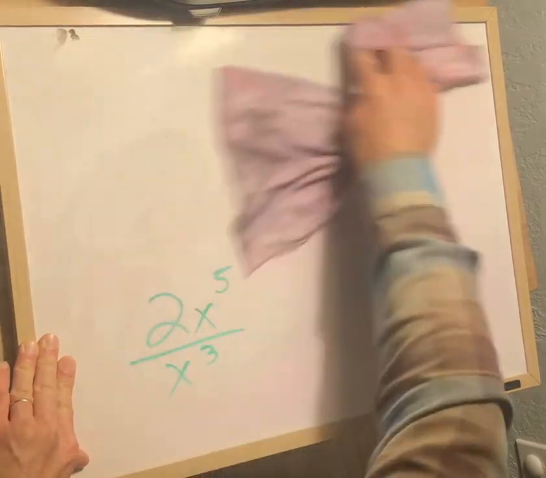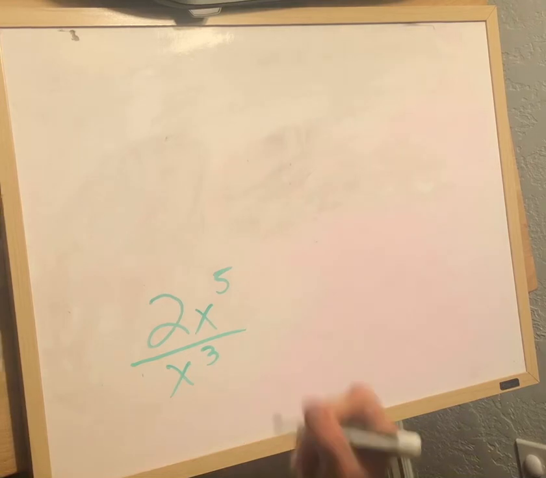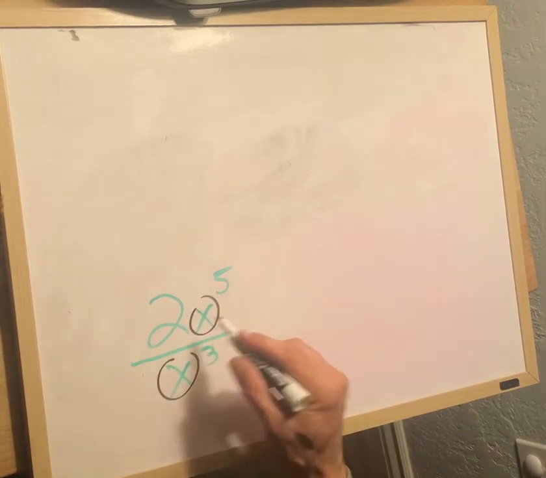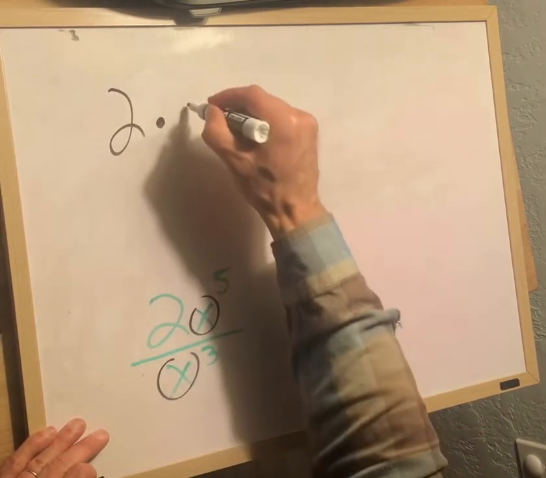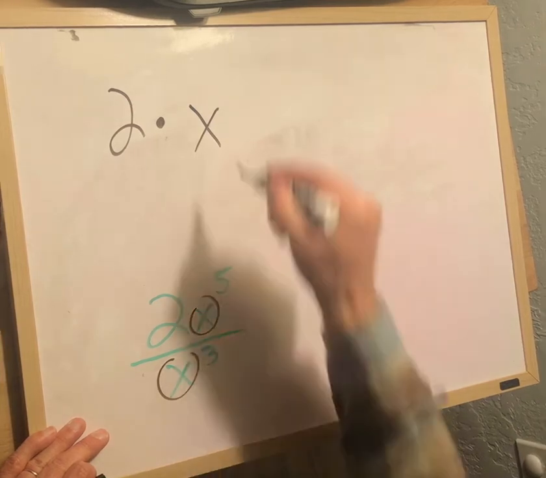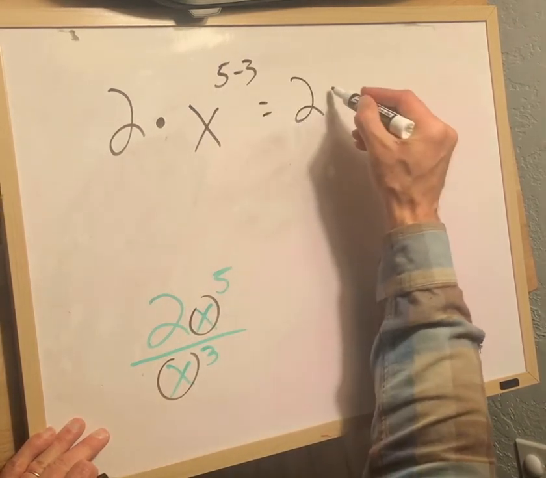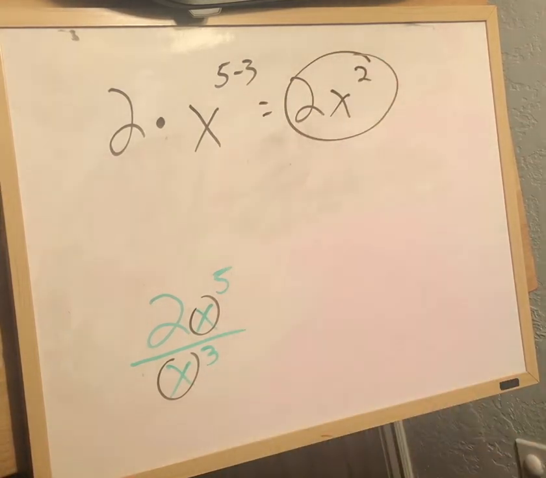First way is, look, let's do this conceptually. Whenever you have bases that are the same, you take this minus this. So technically, you can rewrite this as 2 times x to the 5 minus 3, which is equal to 2x to the 5 minus 3, which is 2. 2x squared. That's your answer.